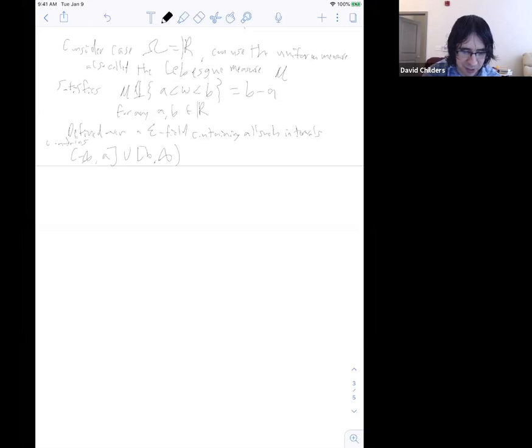We can take the intersection with another open interval, so we can get half open intervals. We can again take the intersection of these half open intervals, so it contains sets of the form closed intervals.